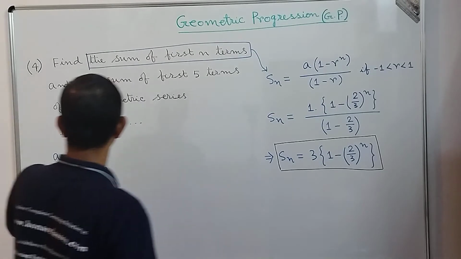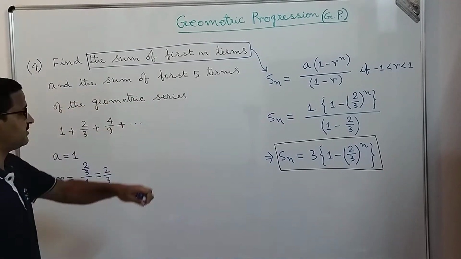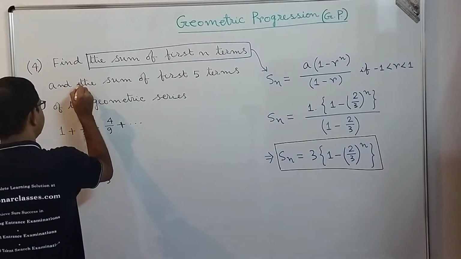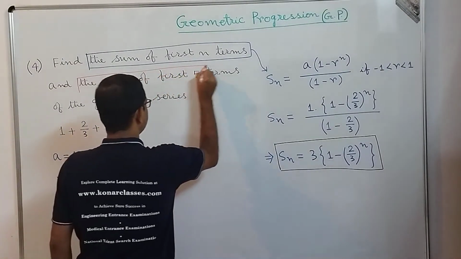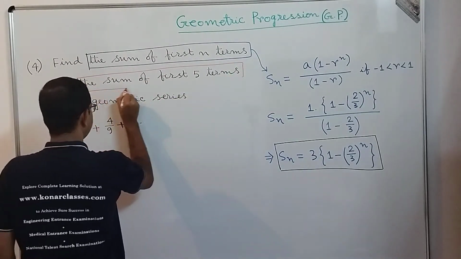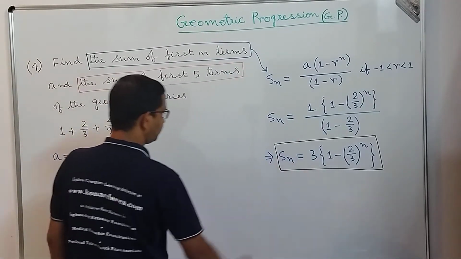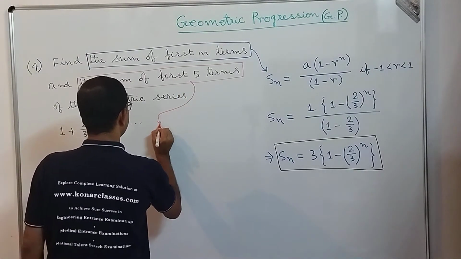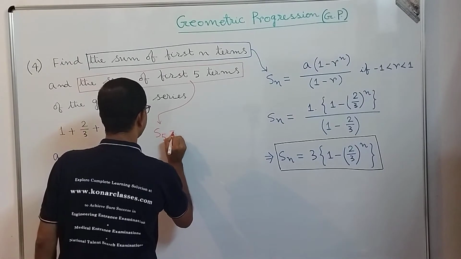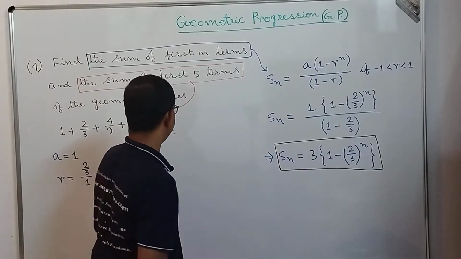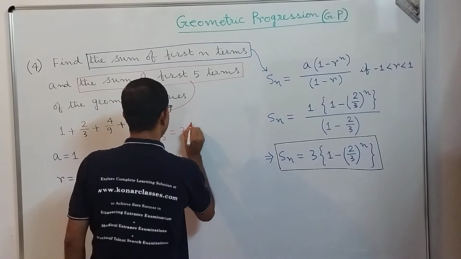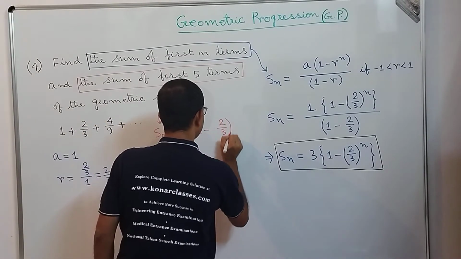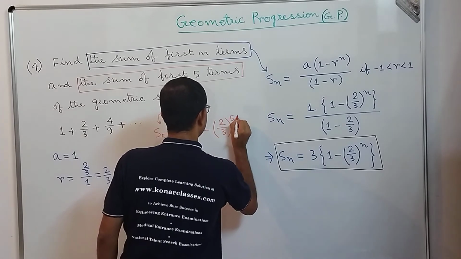Now what is the second part? The sum of the first 5 terms. Let me use a different color. This part of the question is a specific case of the formula we derived, where n equal to 5. So from here we need to find the value of S5. We apply n equal to 5: 3 into 1 minus 2 by 3 to the power 5.